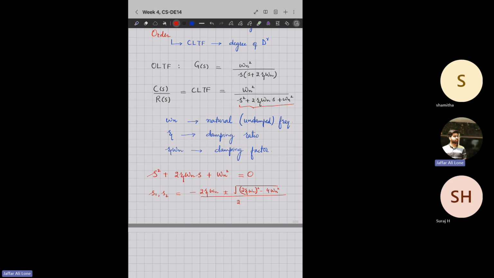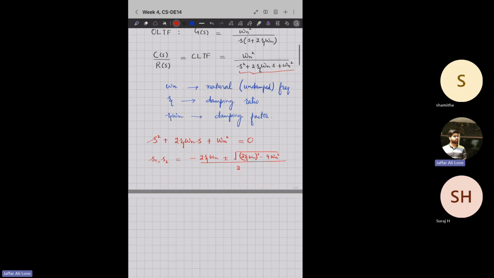If I take 2 common, what I will get? s1, s2 will be equal to minus zeta omega n plus minus omega n into square root of (zeta squared minus 1).